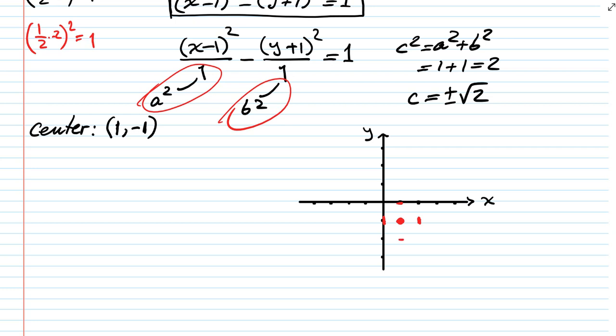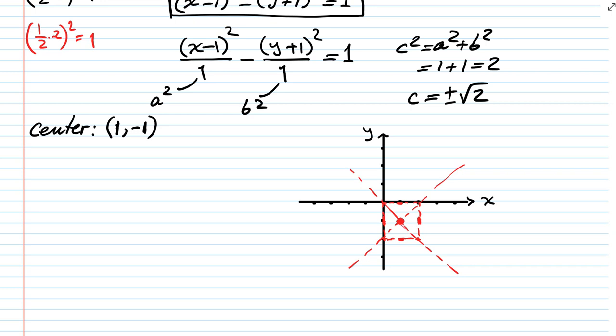And then we're going to draw the box because a and b are equal. The fundamental rectangle actually is going to be a fundamental square, right? And there it is. Next, I'm going to draw the diagonal. That's on 1. And the other diagonal goes like so.